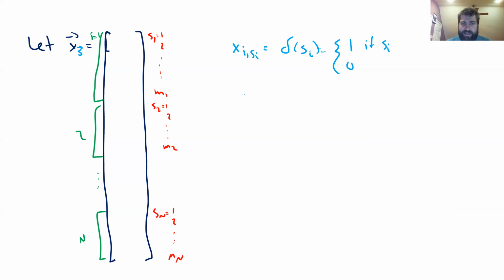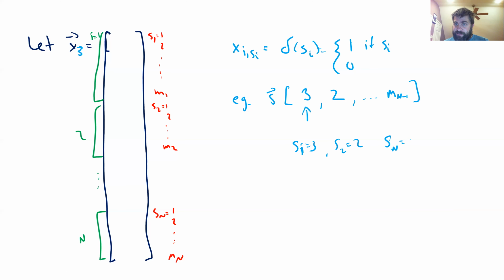What we mean is, let's say our S vector had choice 3 at position 1, S1 equals 3, and had choice 2 at position 2, and had, let's say, choice Mn minus 1 at the last position, Sn equals Mn minus 1, one less than the largest.